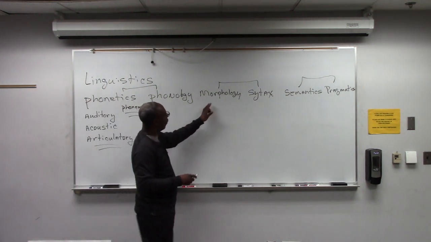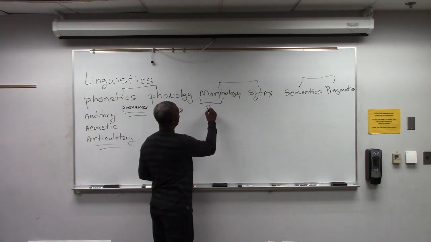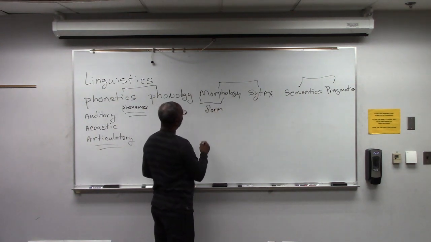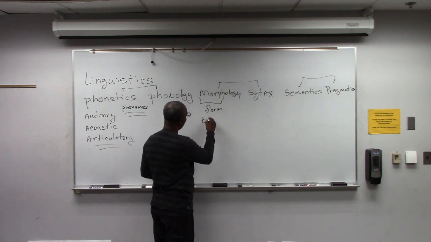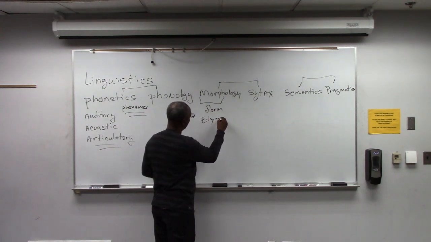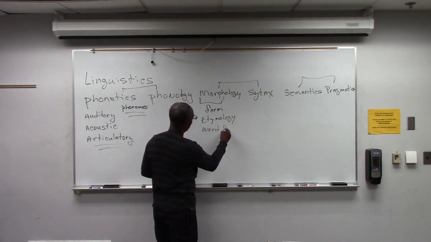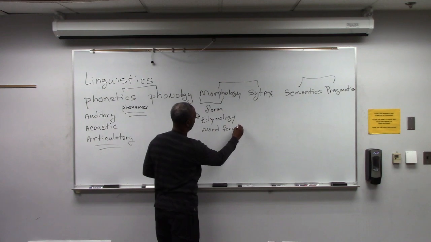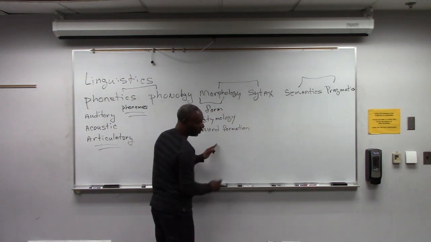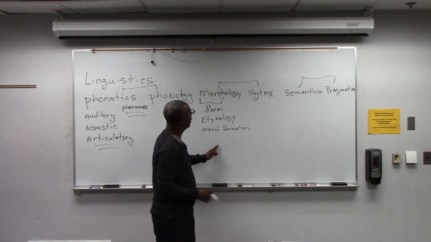Morphology is form. Etymology is a sub-discipline of morphology, word formation. Orthography is spelling.